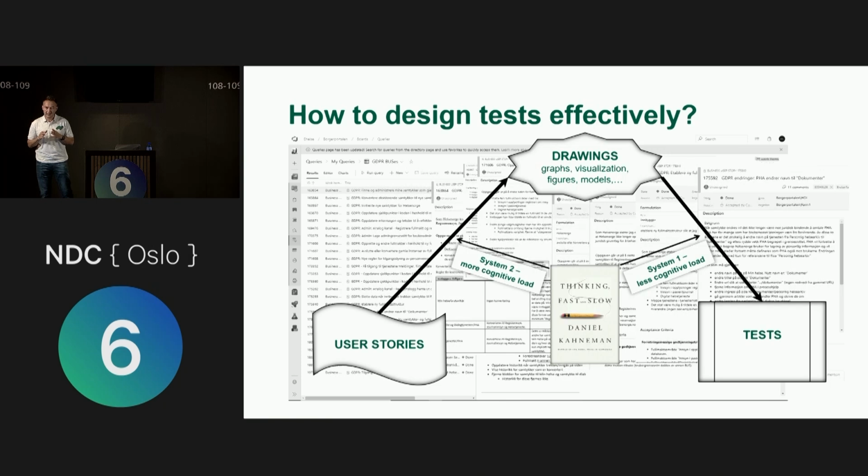So when we are creating a graphical representation, we are employing System 2, with a high cognitive load, and when we are extracting tests from the drawing, we are employing System 1 with a low cognitive load. I'll show the cases soon.